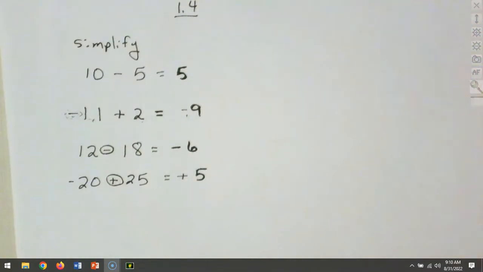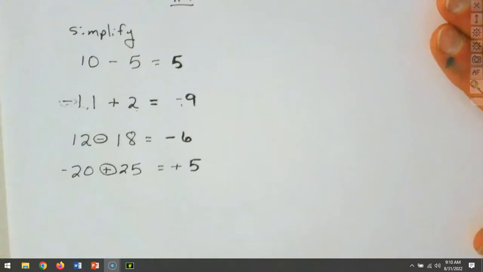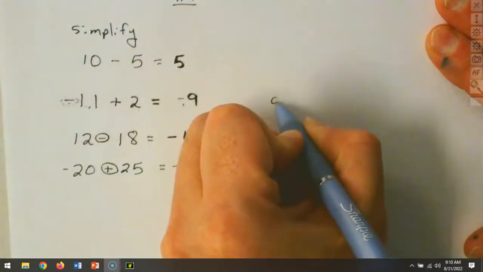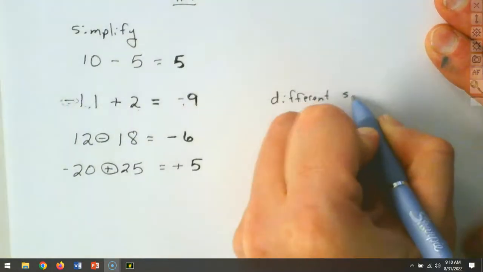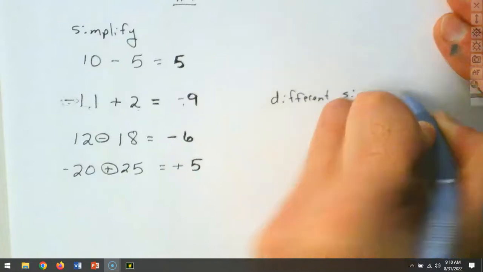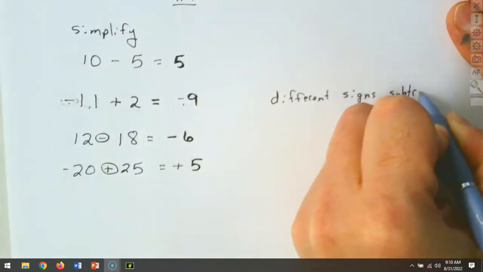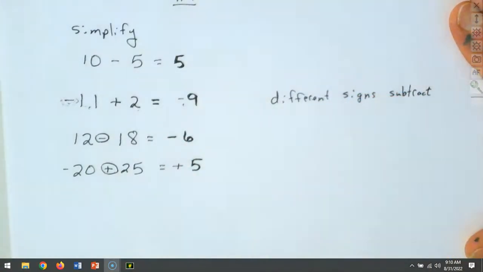Now, what happens when they are the same sign? They're going to go together. So different signs, we subtract, and the larger number is the sign of the answer.